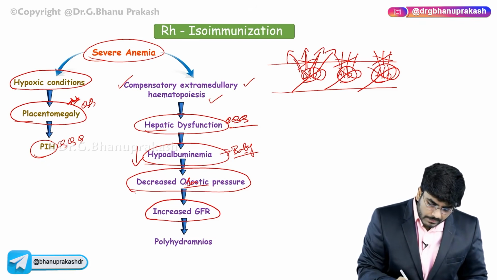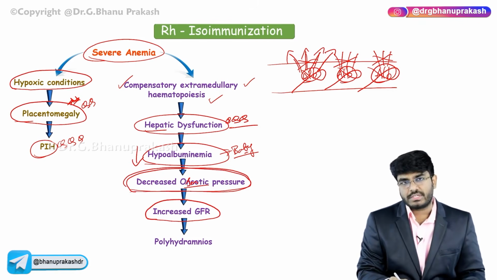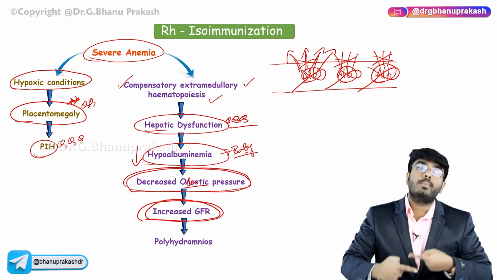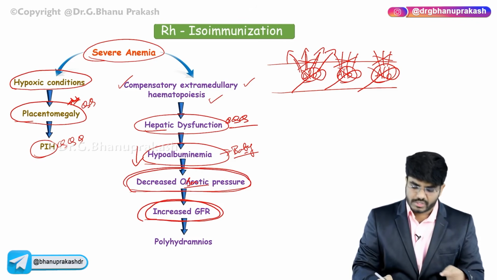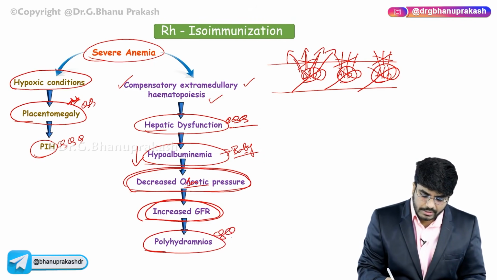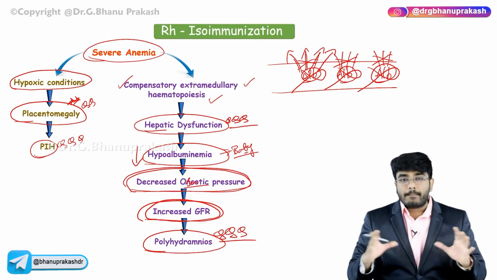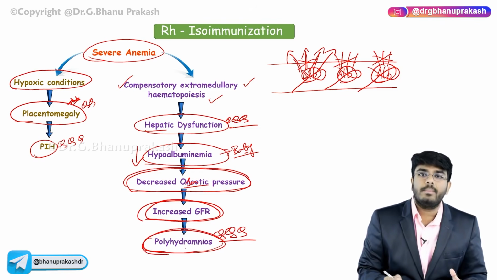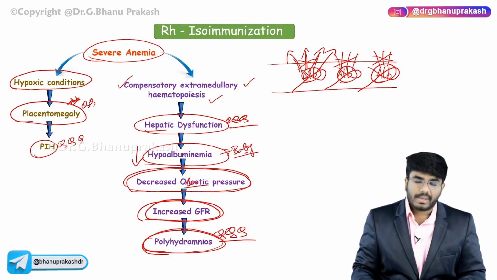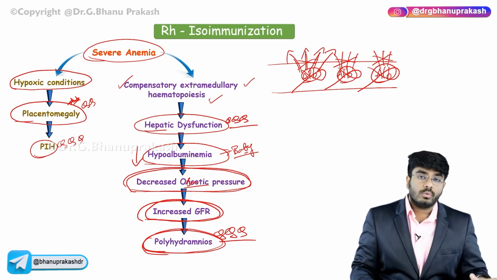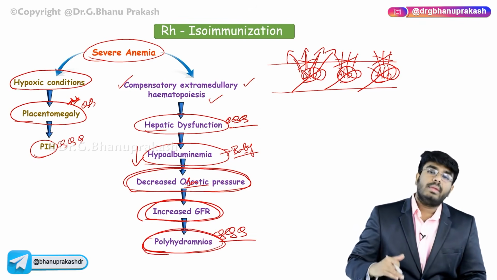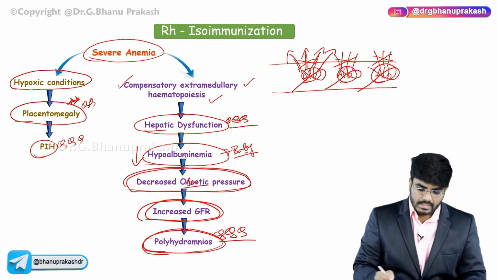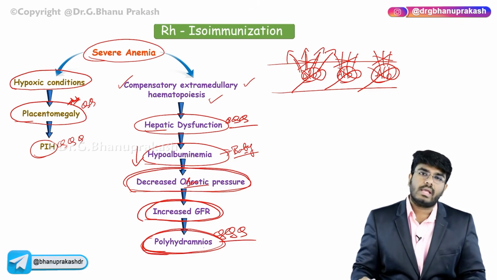So, hypoalbuminemia leads to decreased osmotic pressure that increases the GFR. More GFR means more urine production by the baby, and more urine production leads to polyhydramnios. Yes, RH incompatibility can lead to polyhydramnios. So, placentomegaly can happen, which leads to pregnancy-induced hypertension in the mother, and in RH incompatibility, with an RH negative mother and RH positive baby, especially the second baby is going to develop polyhydramnios.